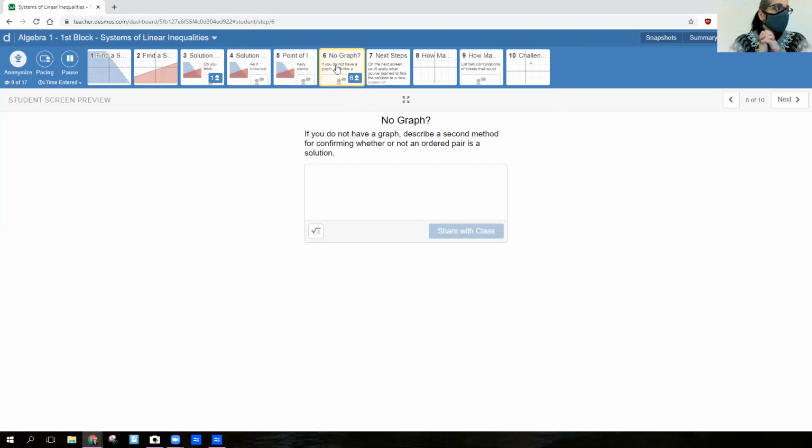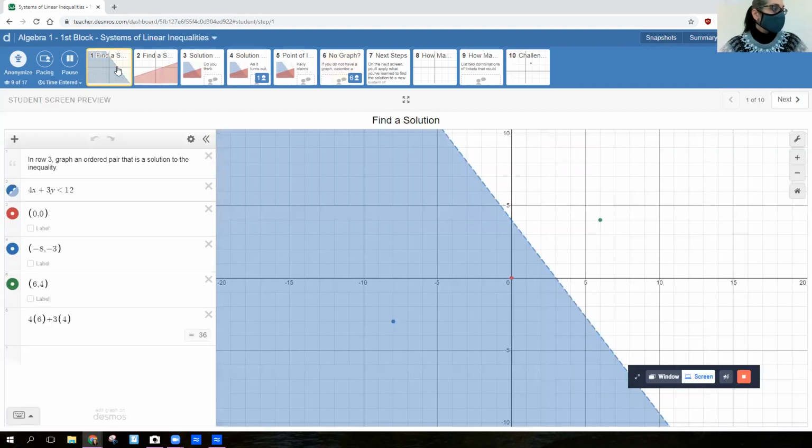So this one's one where I just kind of have to give you some notes, okay? If you don't have a graph, describe a second way that you could confirm whether or not an ordered pair is a solution. I did this a few slides back, way in the beginning, I think it was way back on slide 1. You don't have to go back to slide 1, just look at mine.